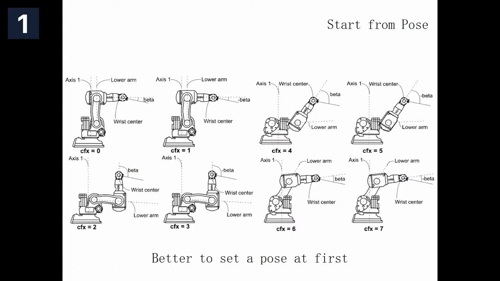But the maximum is 16 poses to do the same thing. But this kind of robot we haven't seen because it's not usual. Usually robots like KUKA, ABB, and UR have 8 poses.